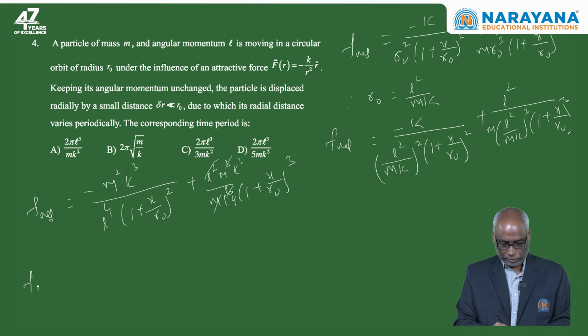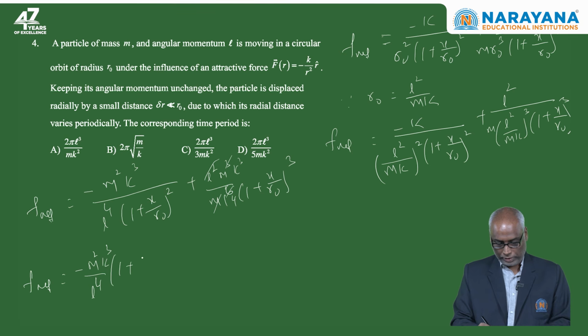So, from this equation we are going to get net force is equal to minus m square k cube whole divided by L power 4 into 1 plus x divided by R naught whole to the power of minus 2 plus m k cube divided by L power 4 into 1 plus x divided by R naught whole to the power of minus 3.